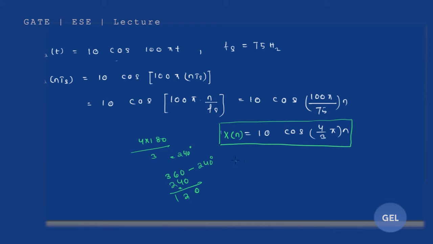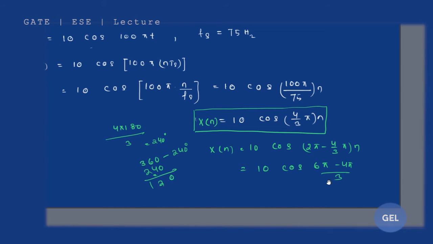So this can also be written as x(n) equals 10 cos (2 pi minus 4 by 3 pi) n, which will be nothing but 10 cos (6 pi minus 4 pi by 3), and this will give you around 2 pi by 3, right? 2 pi by 3 into n.